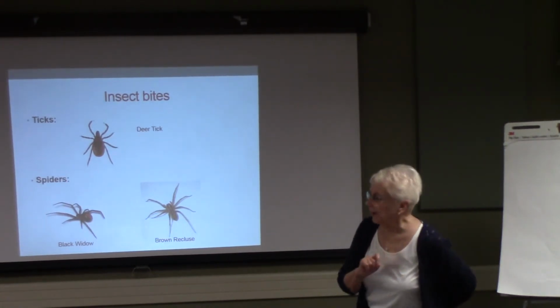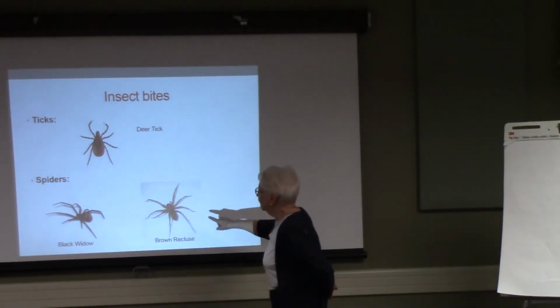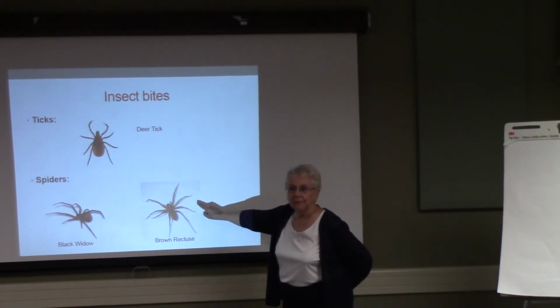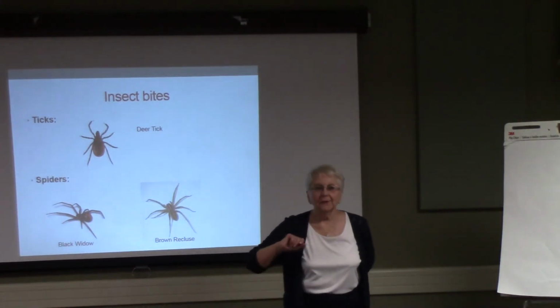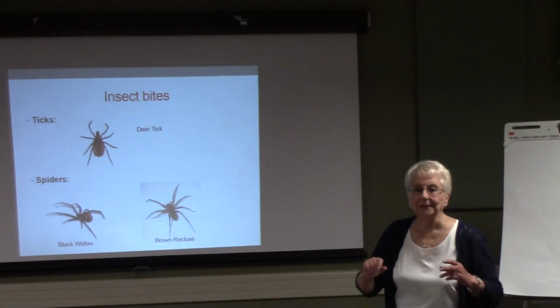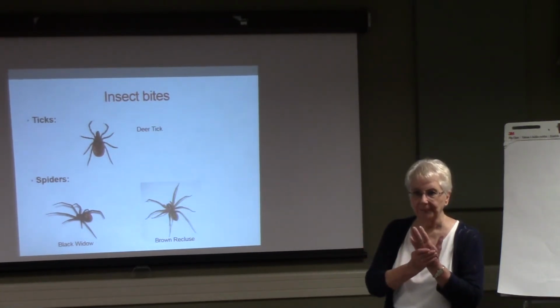The black widow spider is the one that you can die from. Brown recluse, this is the one that I would worry more about because they're in your basements, your garage, your wood piles, any place where they can hide. You can be cleaning out the basement and get bit on the hands. There's no tissue on the hands, basically.